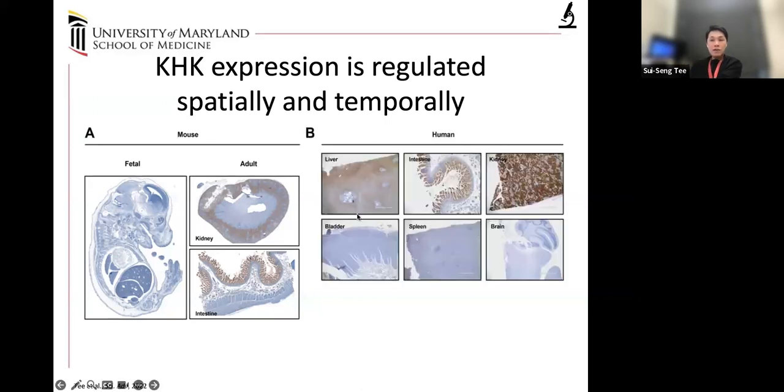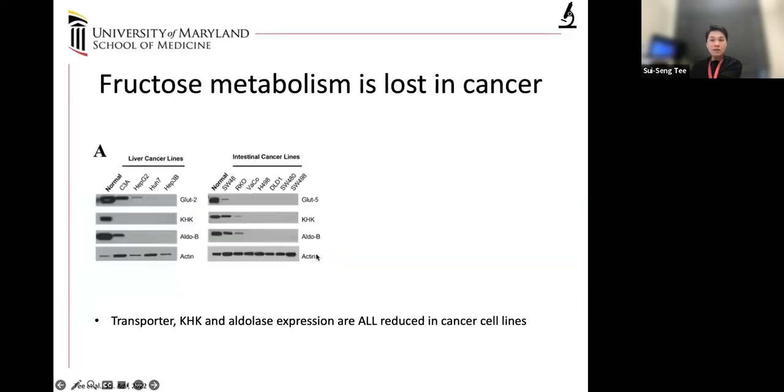And it's the same in the human, where the liver, intestines, and kidneys express high levels of KHK that is not seen in a lot of other tissues. So I wanted to ask, if the liver is an avid site of fructose metabolism, what happens in liver cancer? I found that in many liver cancer cell lines, KHK expression is very low compared to the normal liver.